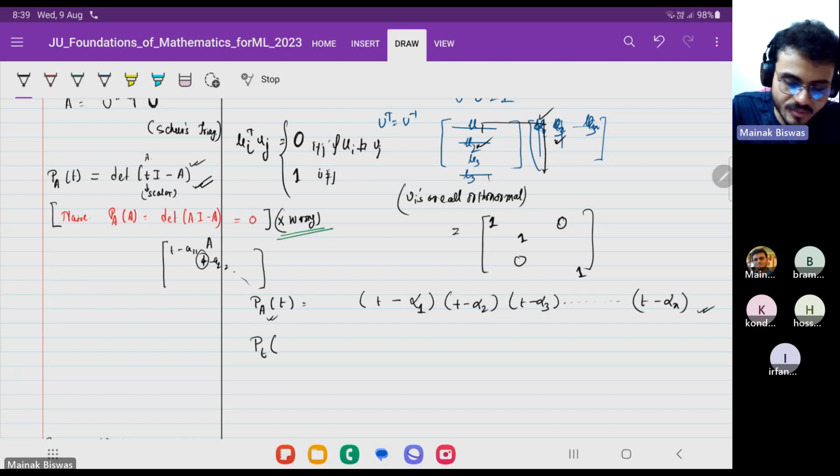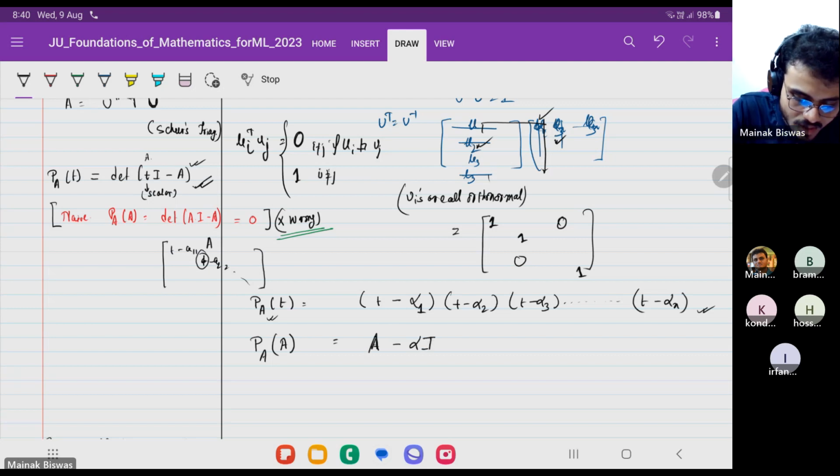So if I go on putting any matrix A, then I can do this. There's no problem, because I can write A now in place of t and convert these to these matrices, right?